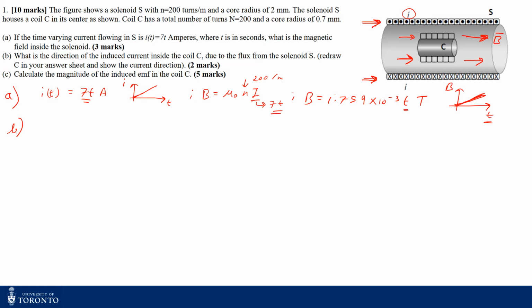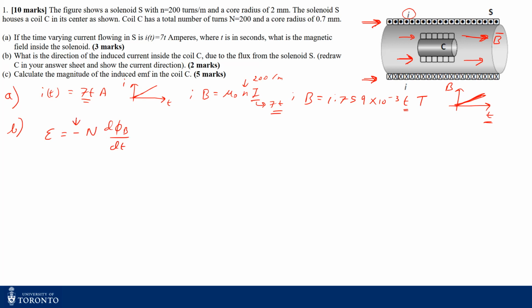Since the magnetic field is increasing with time in the right hand direction, according to Lenz's law, this is the Faraday's law, and this negative sign is because of Lenz's law.